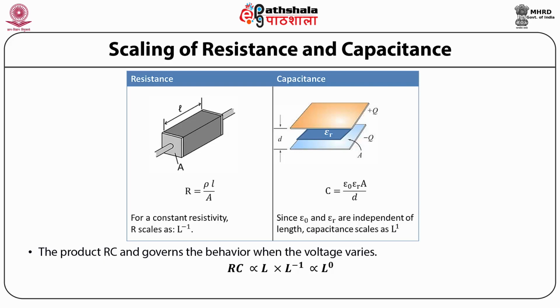So RC is proportional to L multiplied by L to the power minus 1, which is proportional to L to the power 0. Hence, the time constant is independent of scaling.